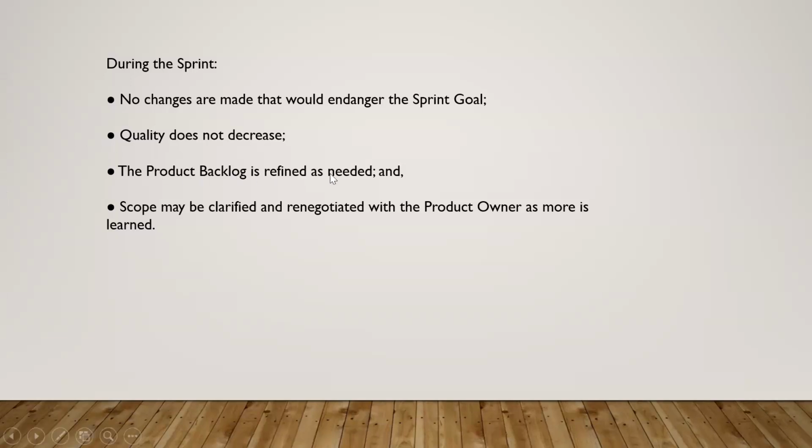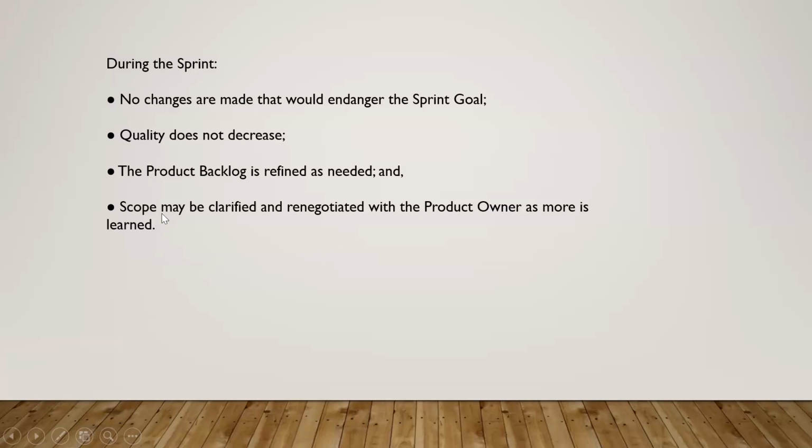The product backlog is refined as needed. Whenever a customer insists on having a new feature or some extra feature, the product backlog can be refined as and when needed. Scope may be clarified and renegotiated with the product owner as more is learned.